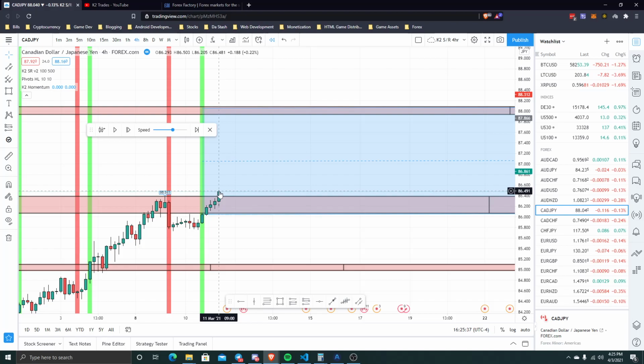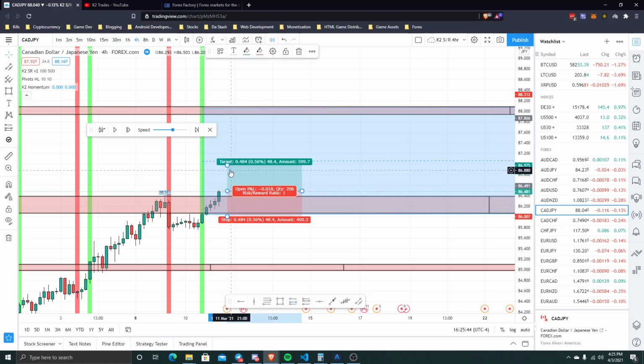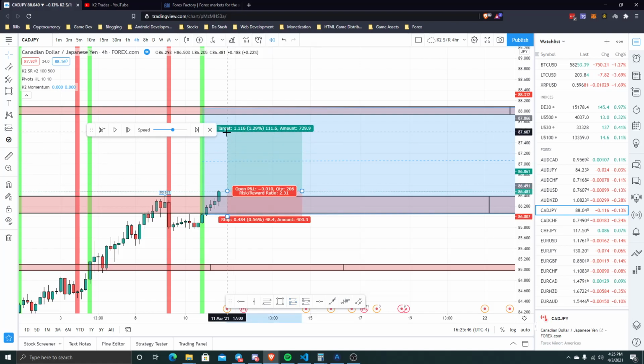And as you can see, price breaks above this zone right here. So we go in for the long. Boom. And we want to target, like I said, I try not to go over 100 pips, because sometimes you never know what price is going to do.